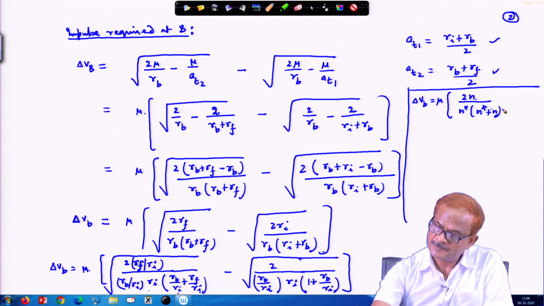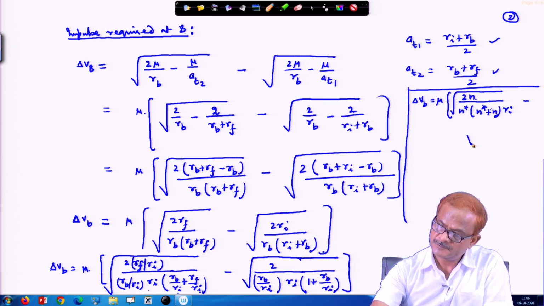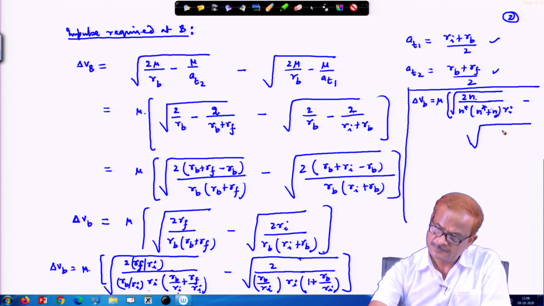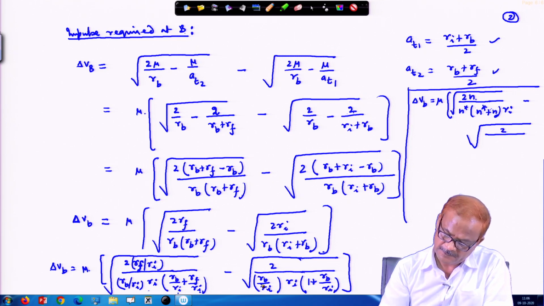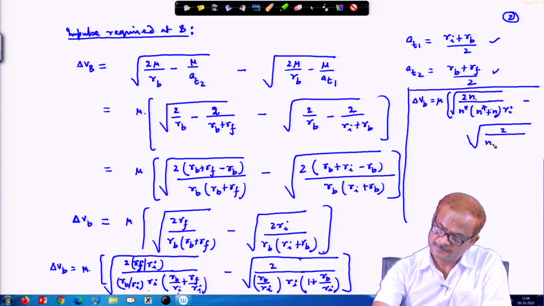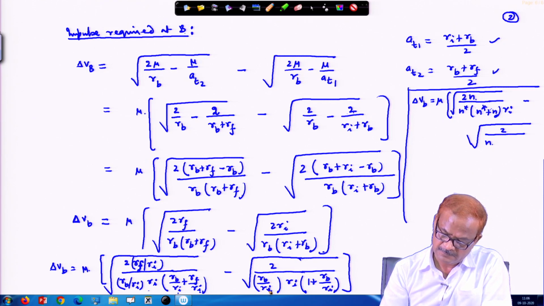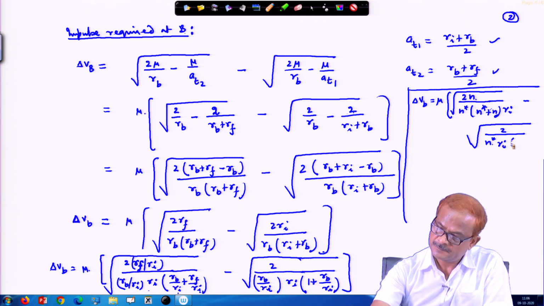And r I is also there, and then minus, and this square root is also present, then square root of 2 divided by r b by r I, which is n star. Then r I, and times 1 plus n star.